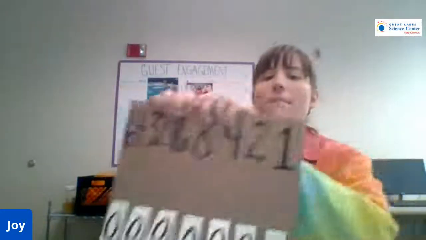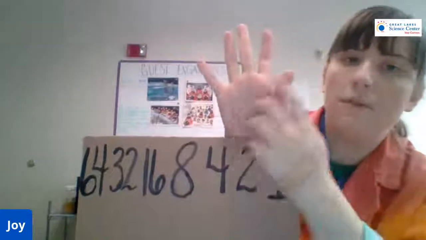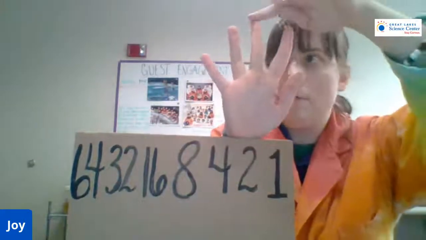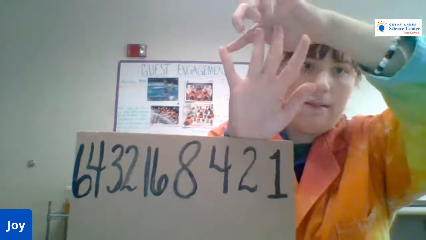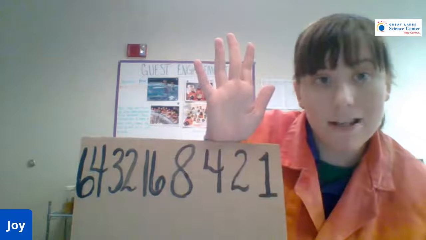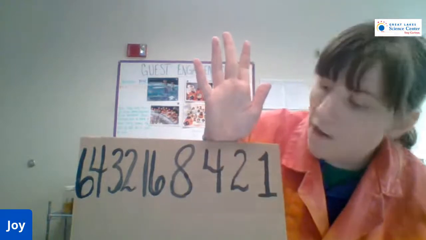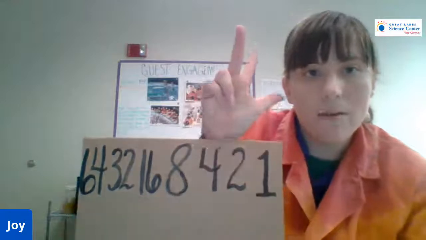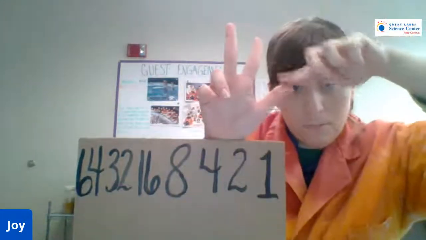So if I were to do binary on my hands, I have, let's see, I have 1, 2, 4, 8, 16. So today it's in July right now, so it's the 7th month. So I don't need the 16 or the 8. So I have 4 plus 2 plus 1.